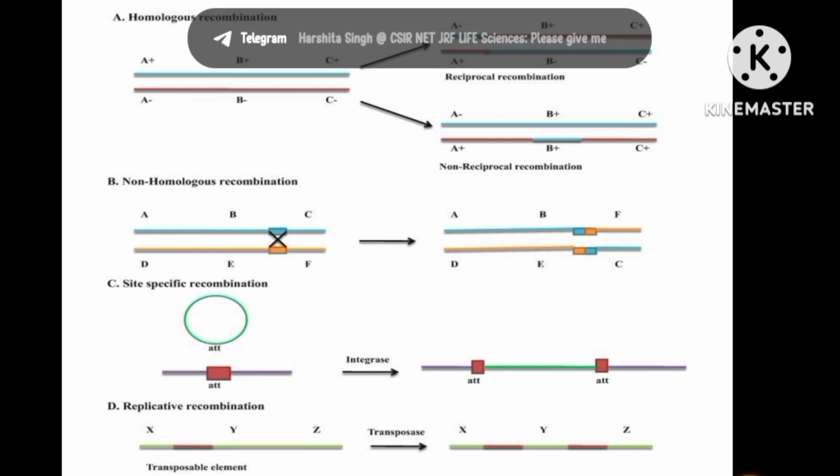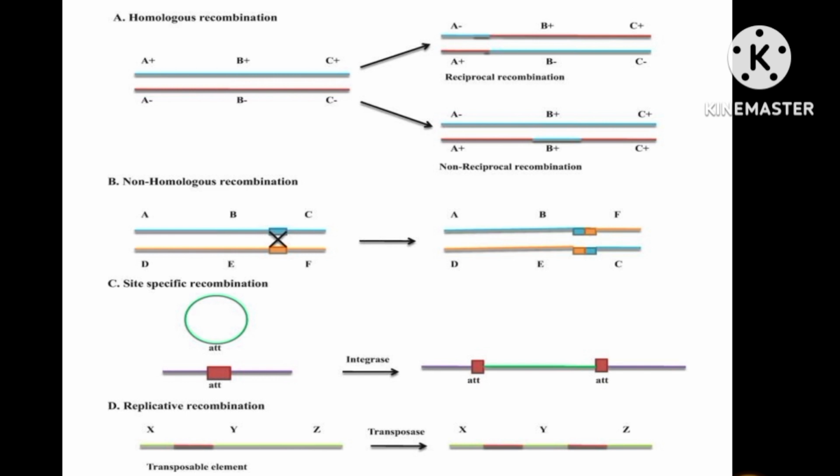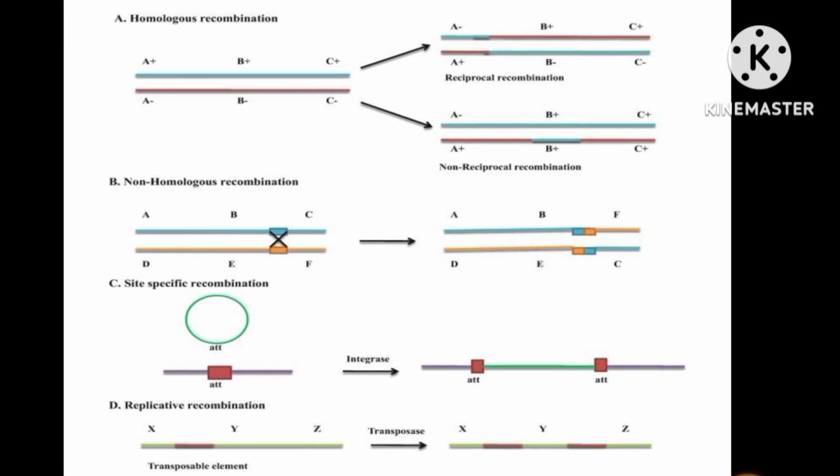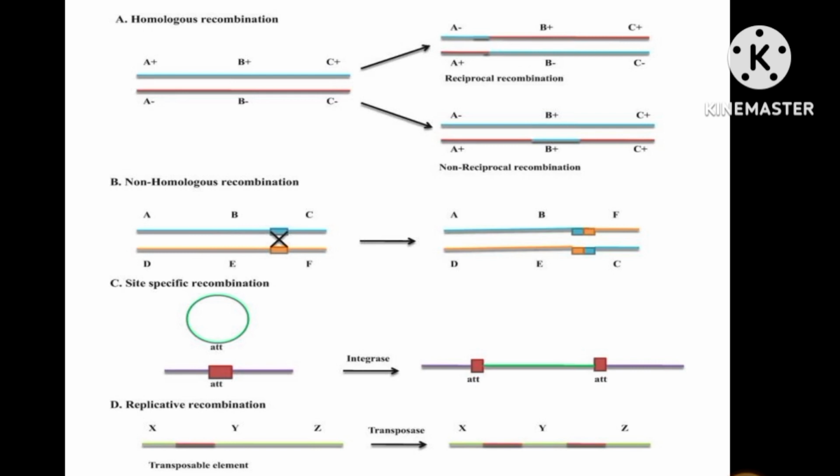The second one is non-homologous recombination, which occurs between non-homologous chromosomes. Here A, B, C are genes present on one chromosome, whereas D, E, F are present on the other chromosome. Both chromosomes are completely non-homologous, but an exchange of segments between them occurs.